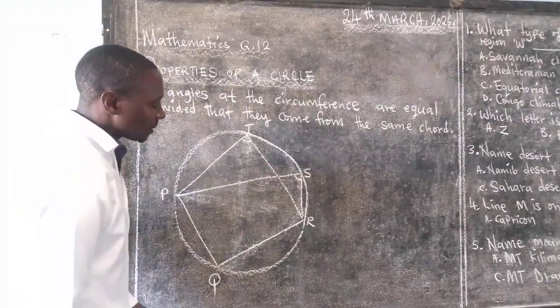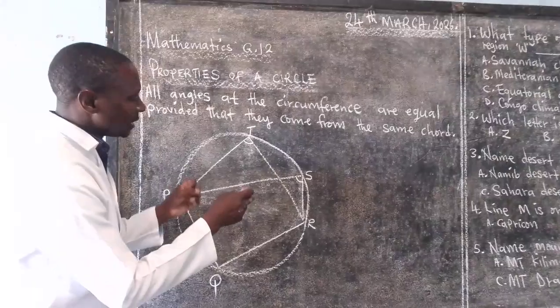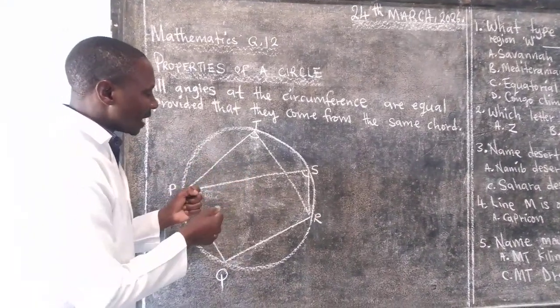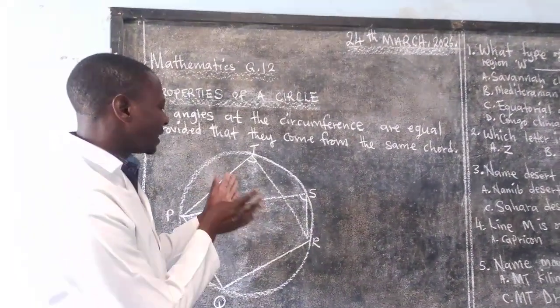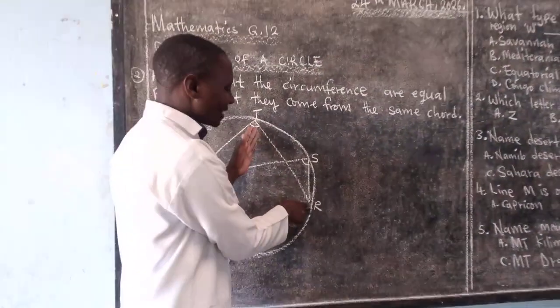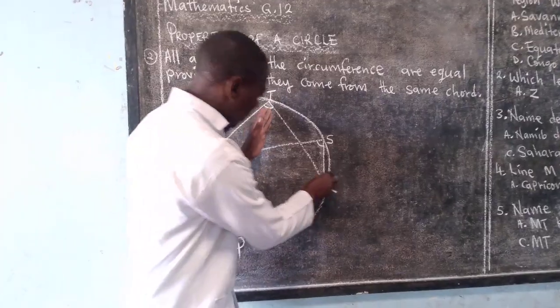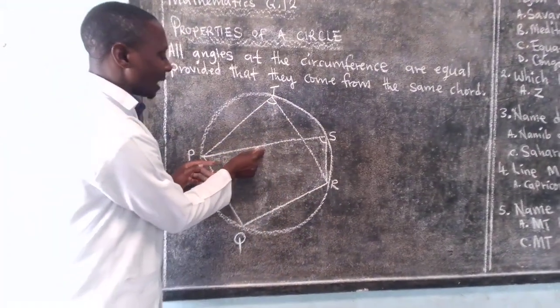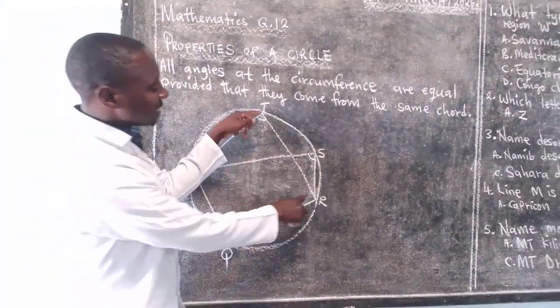A chord is just the same as a semicircle, but it is the line passing from one circumference to another circumference without passing the center of the circle. That is the chord.